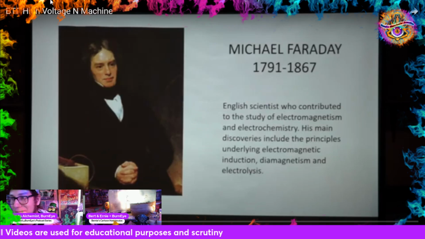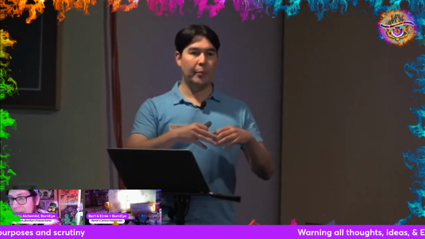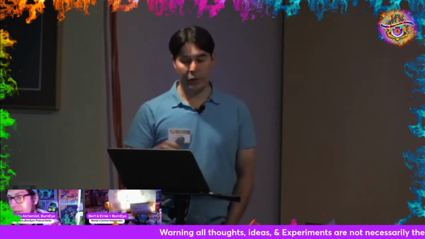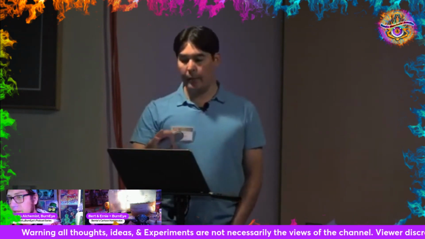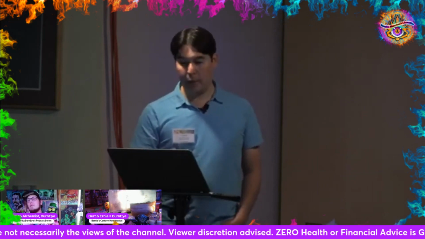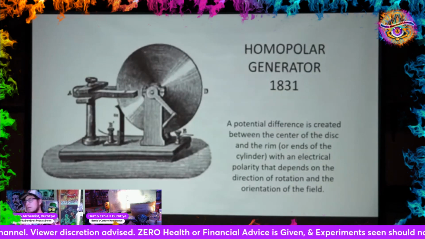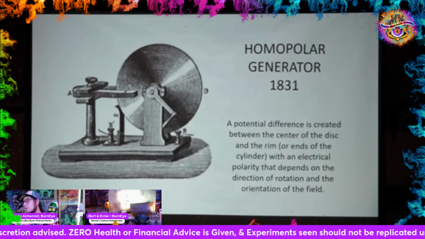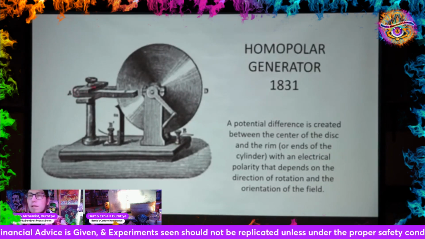For a certain amount of electricity you're putting through the water, you're only going to be able to separate so much hydrogen from oxygen and those types of things. And so when you hear his name, he's the one that actually invented what's known as the homopolar generator. The first variation of a homopolar generator that he came up with in 1831 basically looked like this. It's a horseshoe-shaped magnet that you can see on the left side labeled A. I don't know if that laser pointer shows up there.